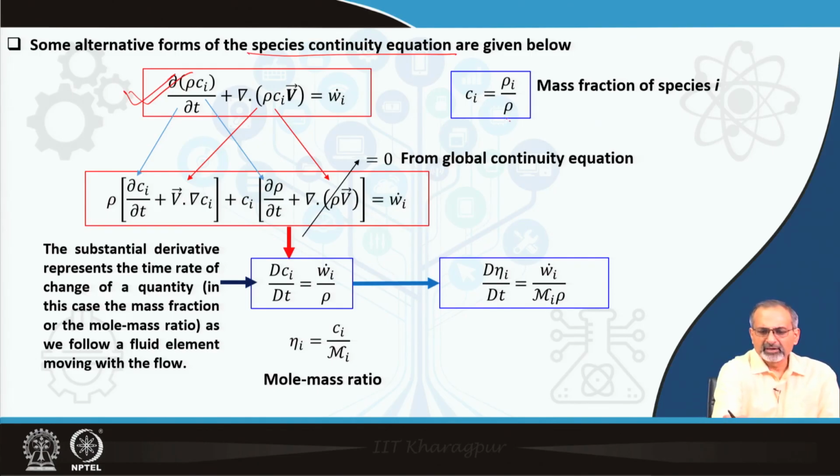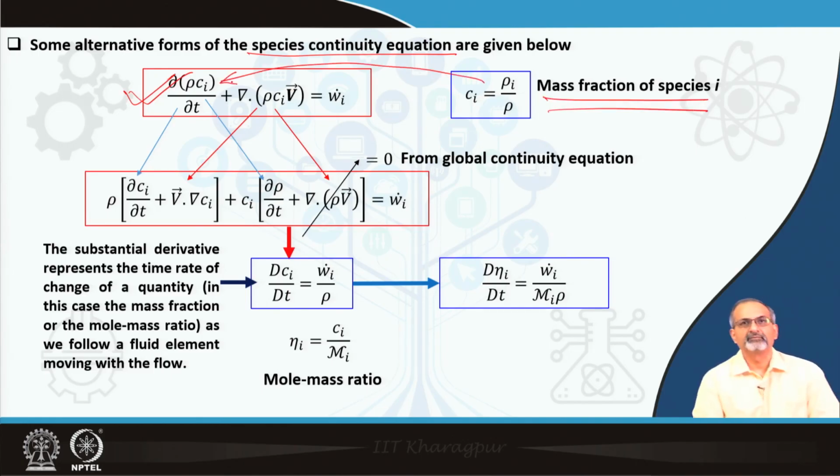Here we have included the mass fraction of species, and you see the incorporation here. Again, you can expand the two terms on the left hand side of this species continuity equation.